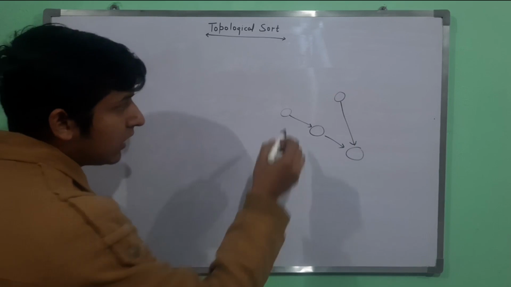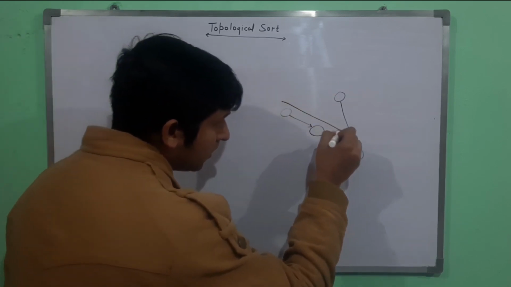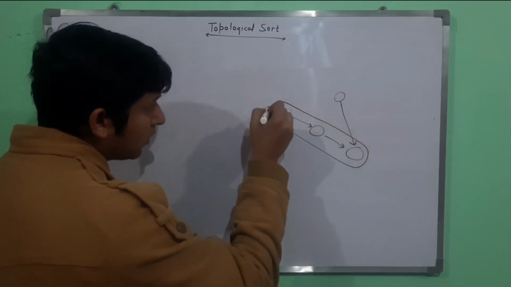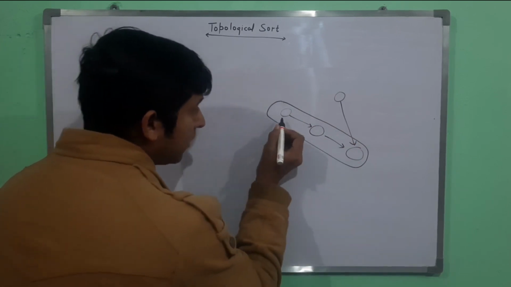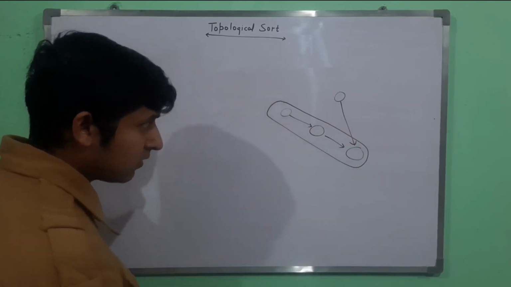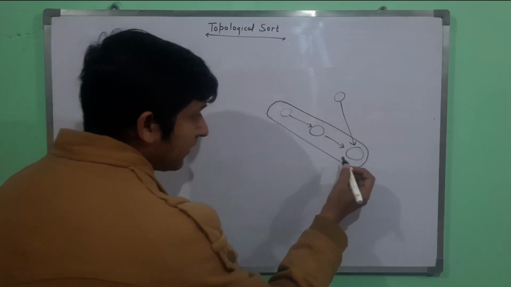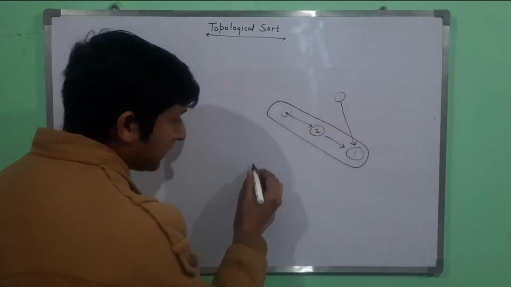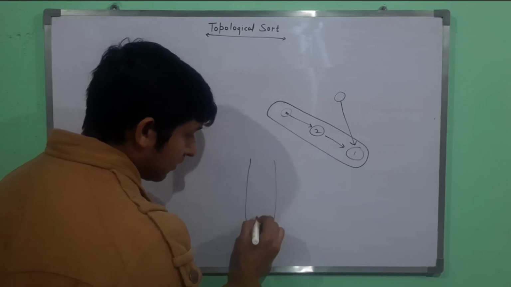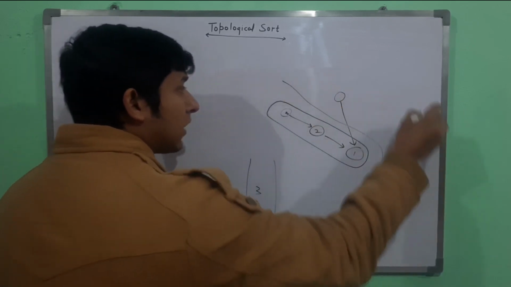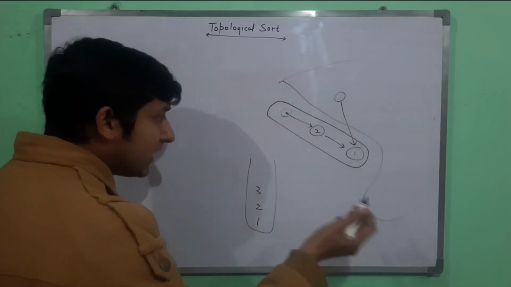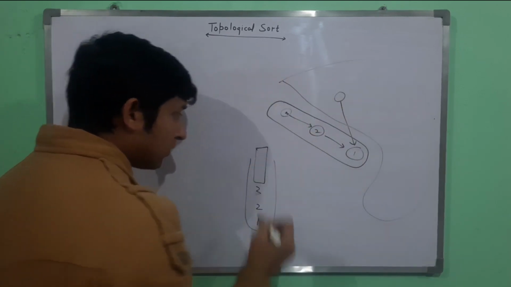What I will do is first do DFS for this whole thing because it is the first, or any node without an incoming edge. And then I'll first store it in the stack like this, and then whatever is there in the graph will come above this.